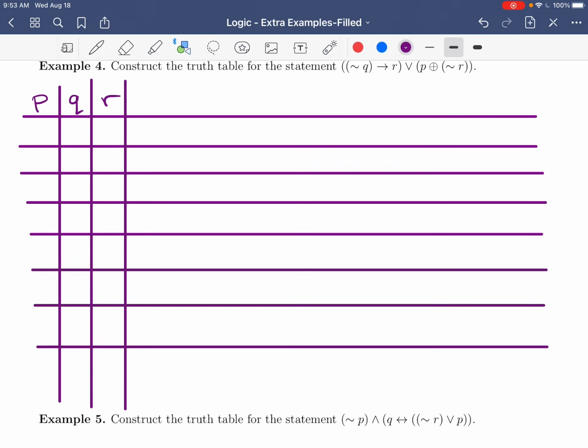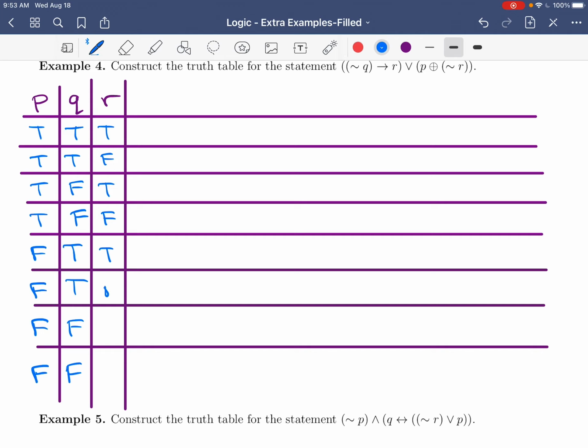Okay, I think that might be 8. So now I set it up. The first half have P true. The second half have P false. And then it goes true, true, false, false for Q. And then true, false for R.